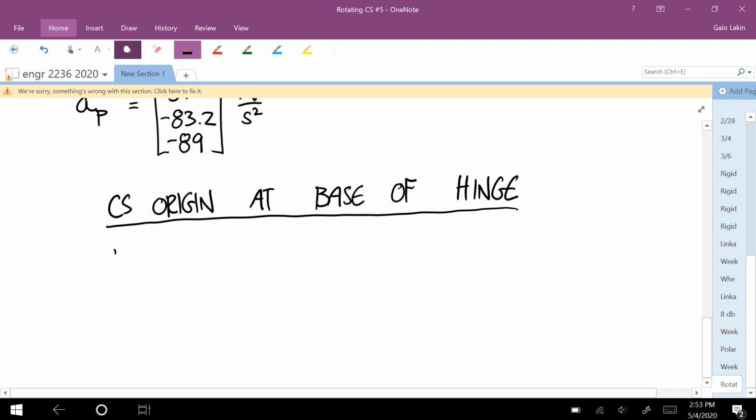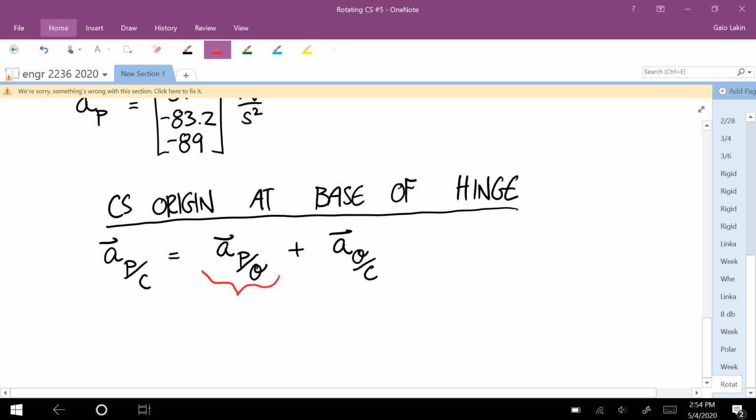Okay, so now the acceleration of P relative to the ground, relative to C. You know, C is fixed to the ground, it's not moving, is equal to the acceleration of P relative to the origin plus the acceleration of the origin relative to C. Okay, this is going to be the rotating coordinate system equation.